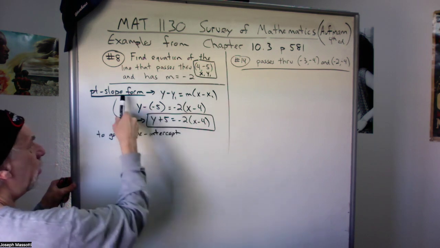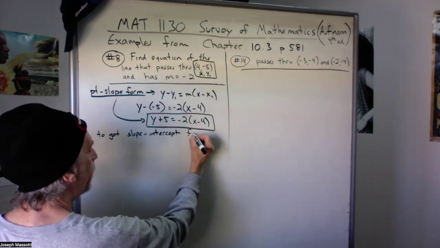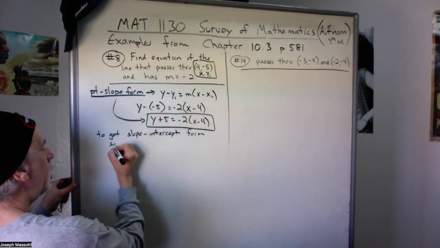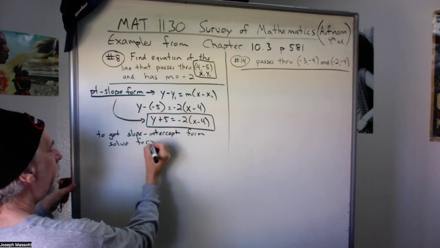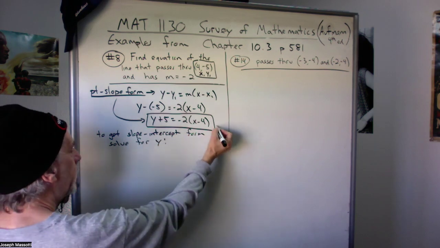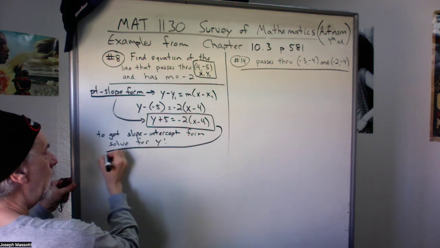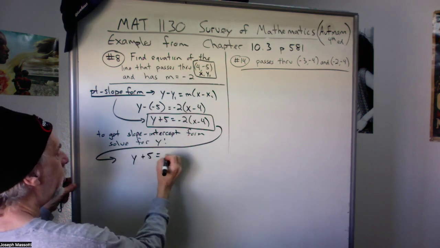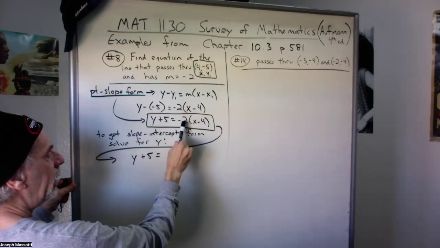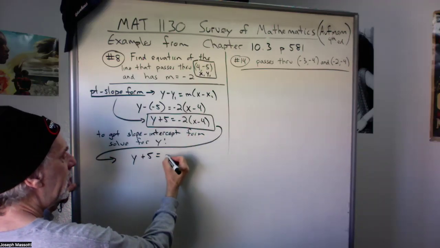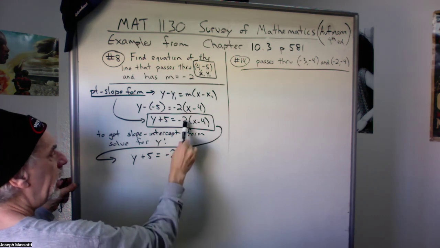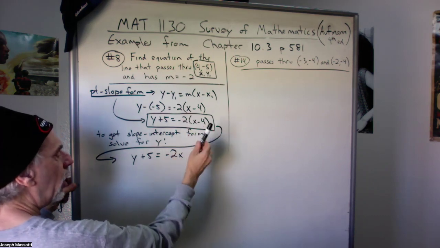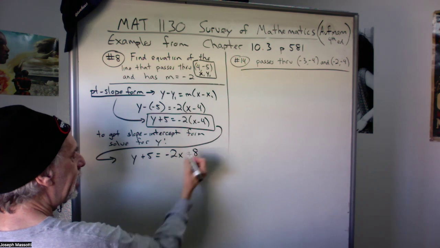So to change from point slope form to slope intercept form, just solve the equation for y. Right, so we're going to come down here and say y plus 5, we'll distribute the -2, say -2 times x, it's -2x, and -2 times -4 is a +8.